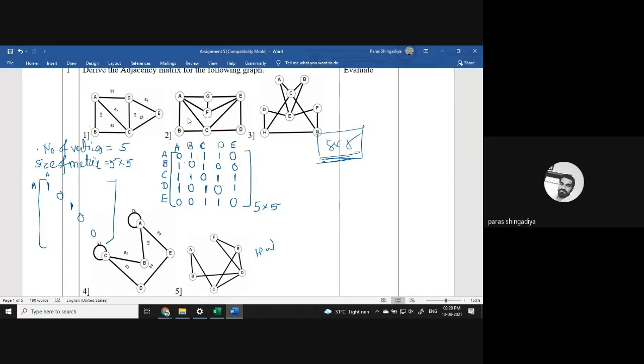Clear? And then find its remaining entries.